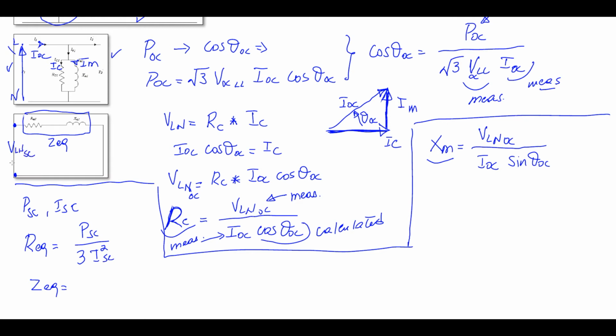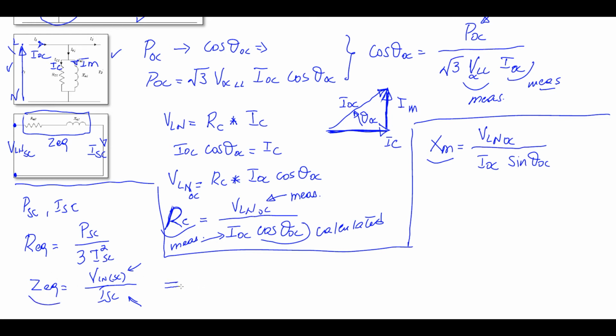So this will be a measured quantity. So V line to neutral for the short circuit test, divided by the current flowing in that circuit, which is I short circuit. Those two parameters are measured parameters given by this power meter. So Z would be calculated.